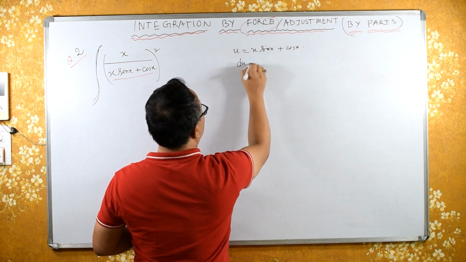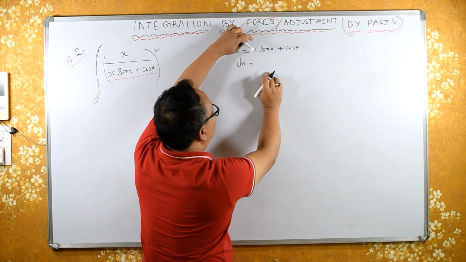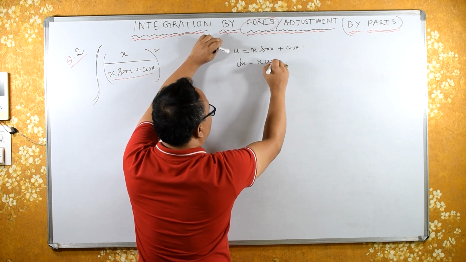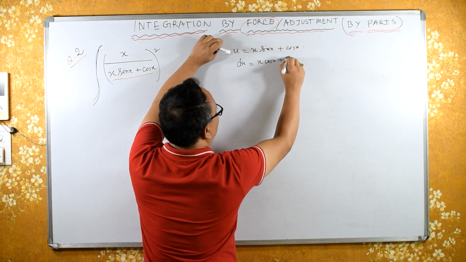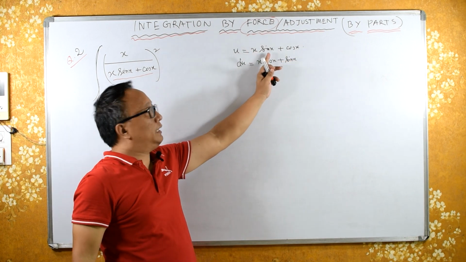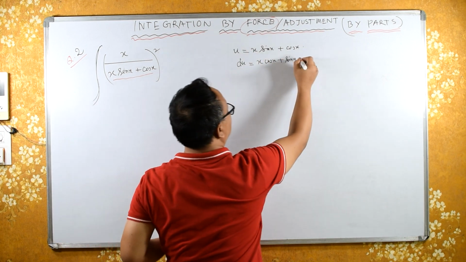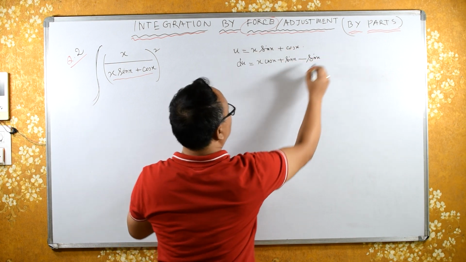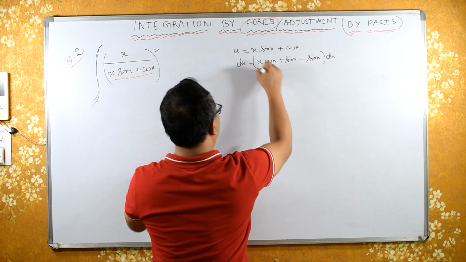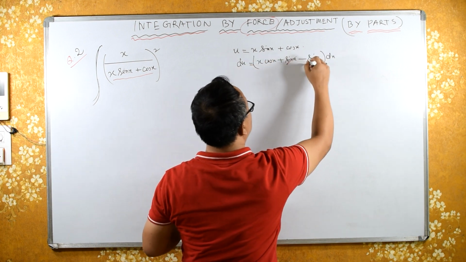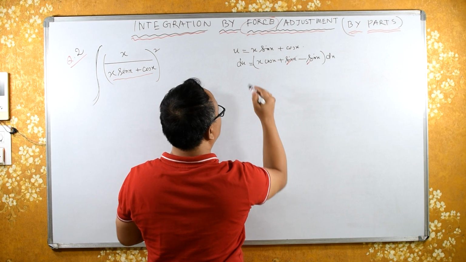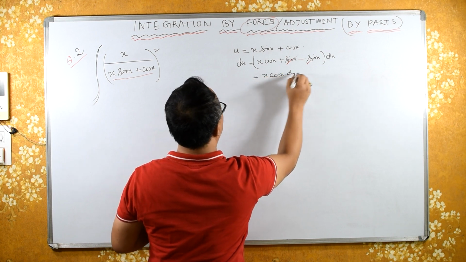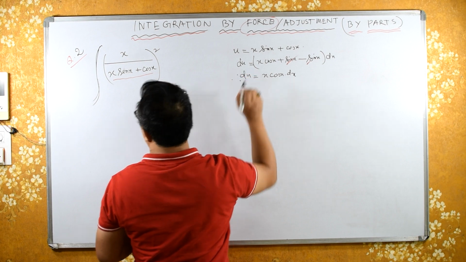My du equals, applying the u into v product rule, x into the derivative of sin x, which is cos x, plus sin x, and then the derivative of x is 1, minus the derivative of cos x, which gives minus sin x, into dx. Now this sin x and sin x get cancelled. Here we have x cos x into dx. This is my du.